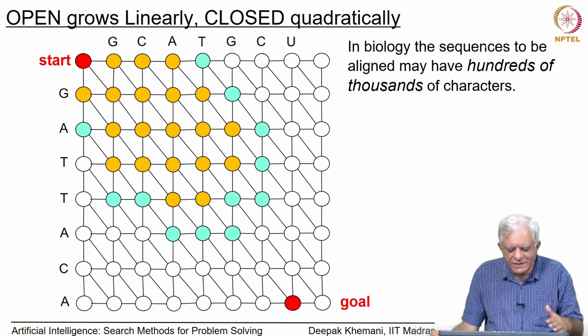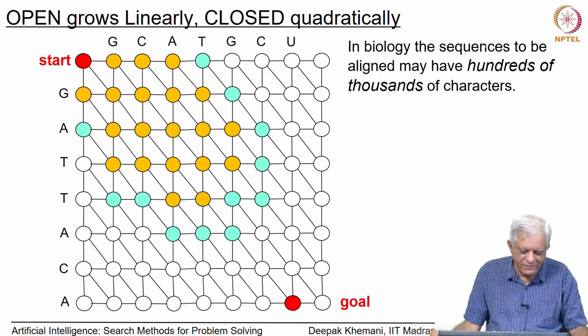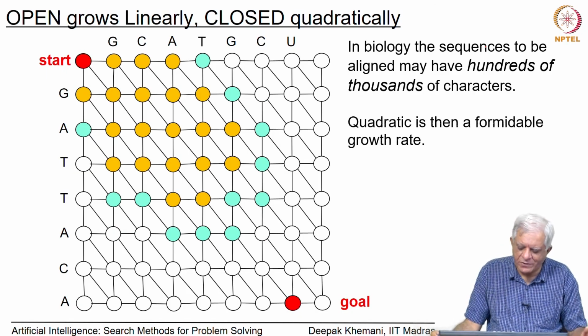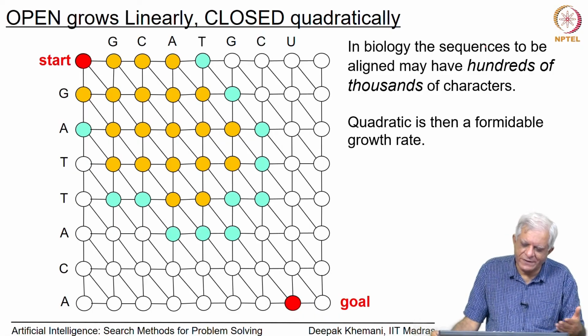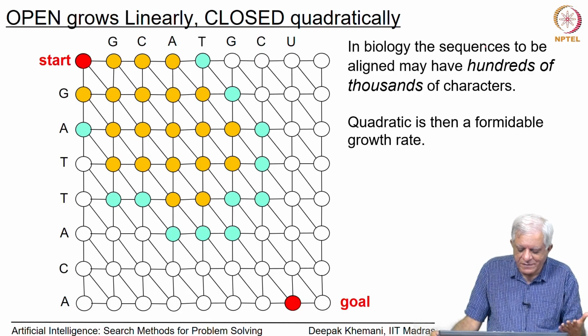And if you can somehow work out an algorithm which will not keep the closed list, as we have been talking about in the last few sessions, then we can in some sense overcome this quadratic growth, which is tending to be formidable even in this problem. Remember that the state space grows quadratically, the number of combinations is growing combinatorially, but the closed list is also growing quadratically.